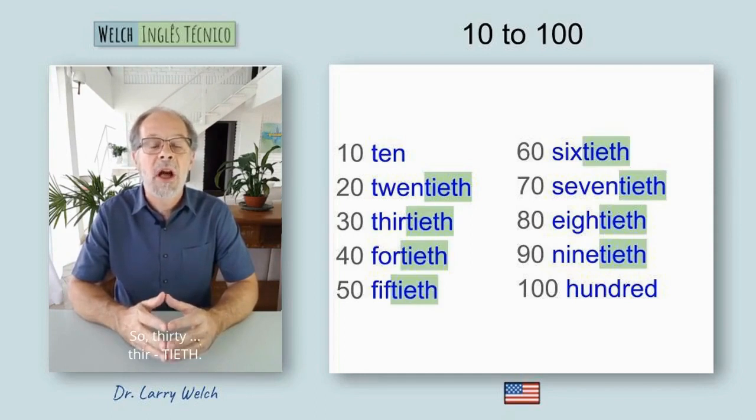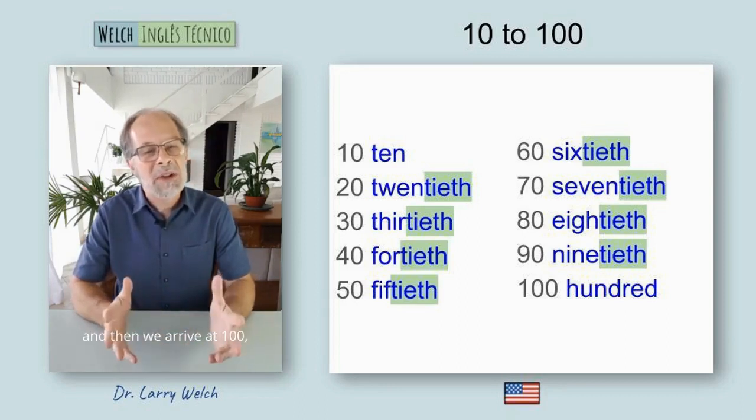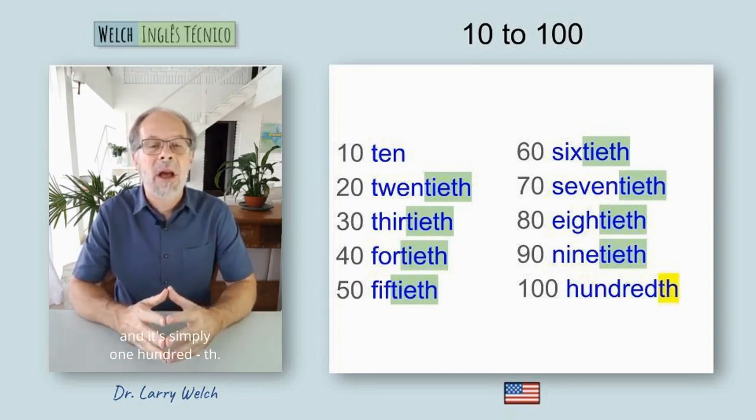So 30, 30th. 40, 40th. 50, 50th. 60, 60th. 70, 70th. 80, 80th. 90, 90th. And then we arrive at 100, and it's simply 100th, the 100th. Just TH.